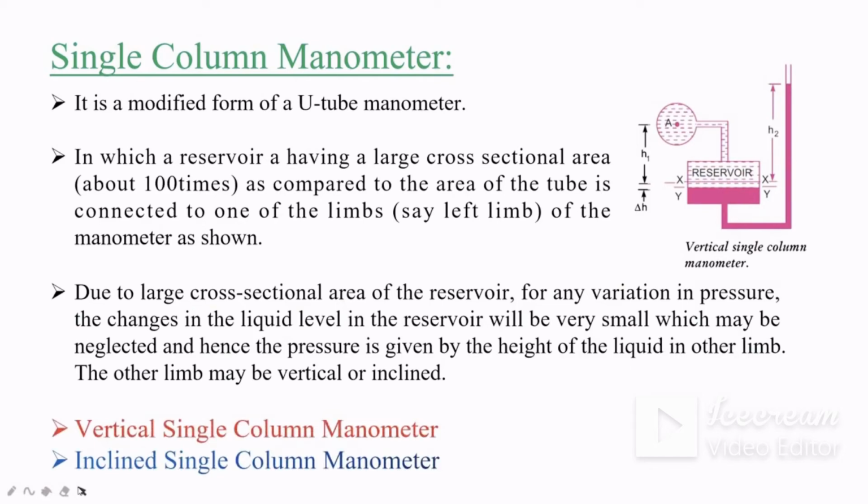So first we will see, if a vertical single column manometer is given, what procedure we follow and how we derive the formula from it. When you see that, you will understand clearly.